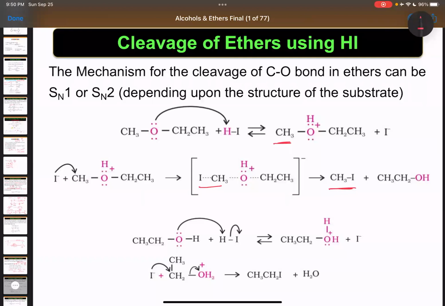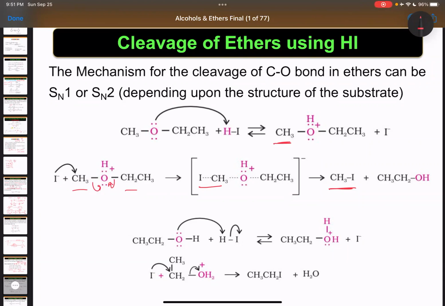Is it clear? Hanifa, Samira, any doubts in this? Can you please repeat? Actually, first of all, there is a protonation of the ether. The H plus comes and joins on the lone pair of the oxygen. Now tell me, will they break on their own? Is the cation going to form on its own?